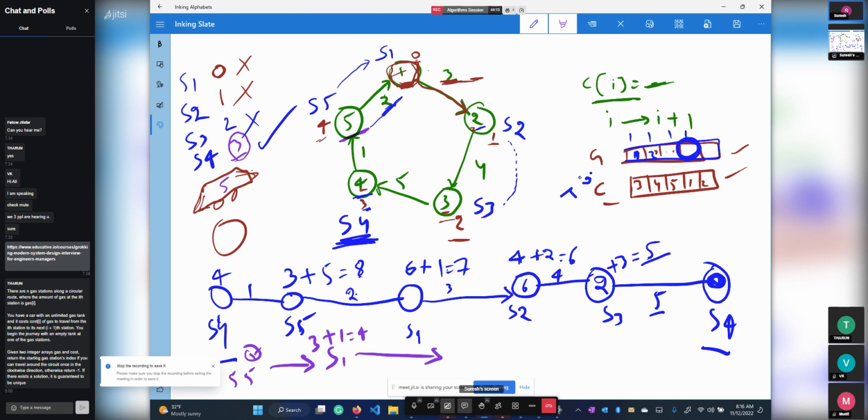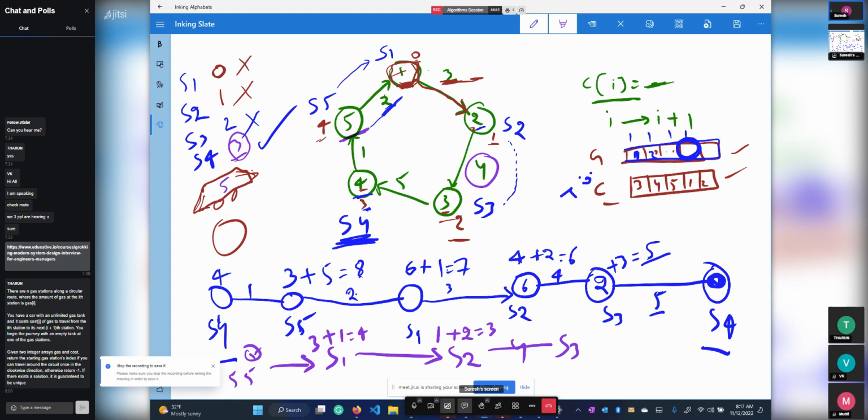Am I doing this correctly? 5 minus 2 is 3, 3 plus 1 is 4, and you need to go to S2. In order to go to S2, you consume 3, so 4 minus 3, you will have 1 here. 1 plus 2 more gallons there is 3. Now you can't go to S3 because you need 4, isn't it?